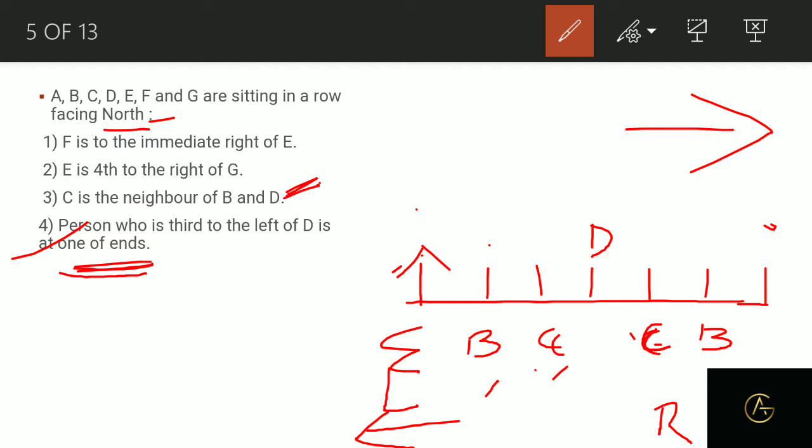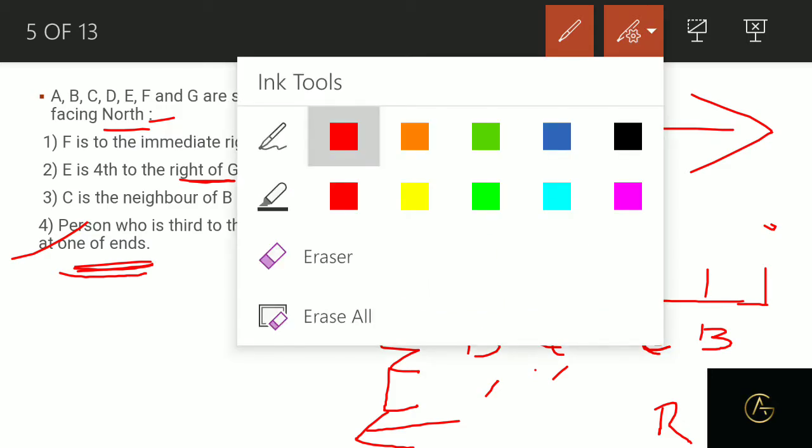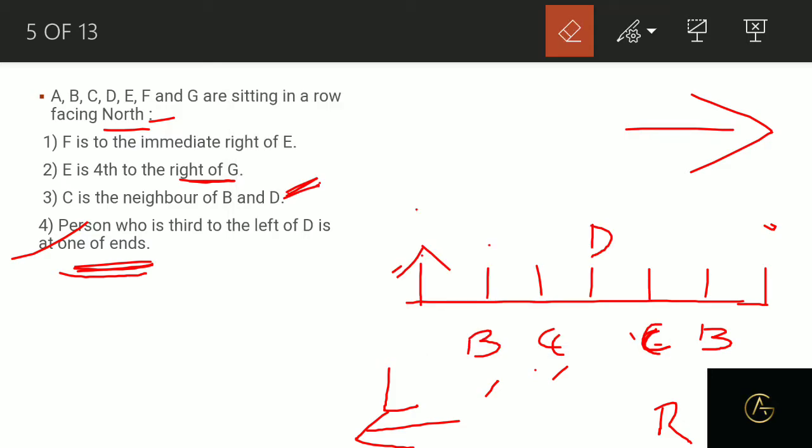But here we can take because it's to the right of G. So we can say it will be G here if B and C are here.